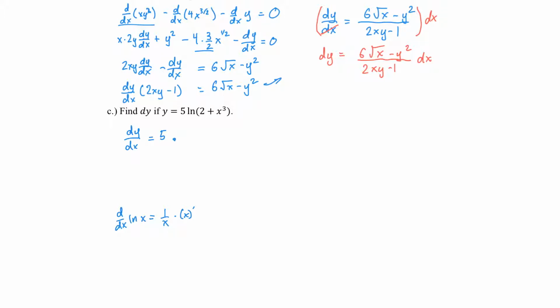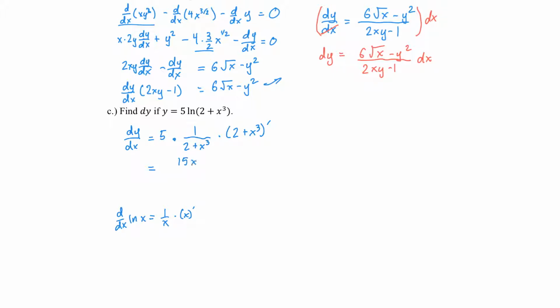Of course, no composition there, so we didn't need it there, but here I will. So that gives me 1 over 2 plus x cubed, leaving the inside alone, times the derivative of 2 plus x cubed. The derivative of 2 plus x cubed is 3x squared.